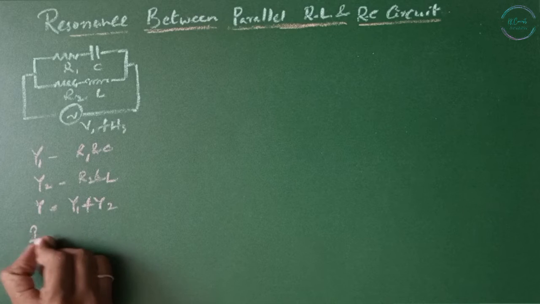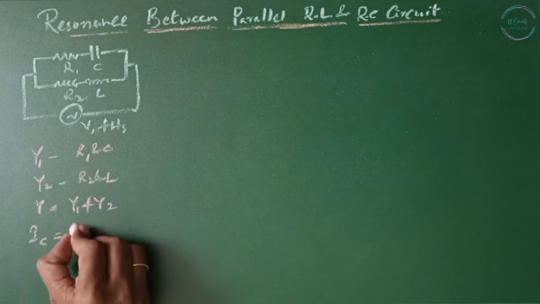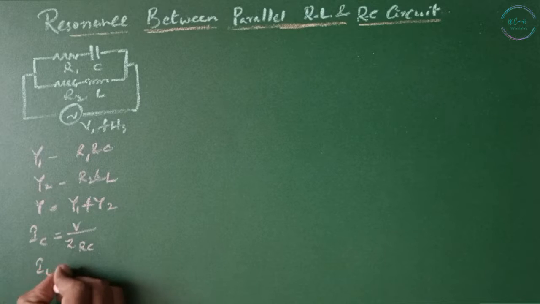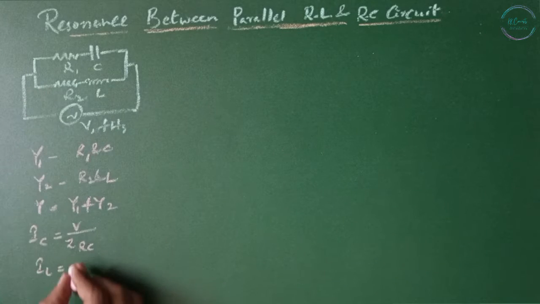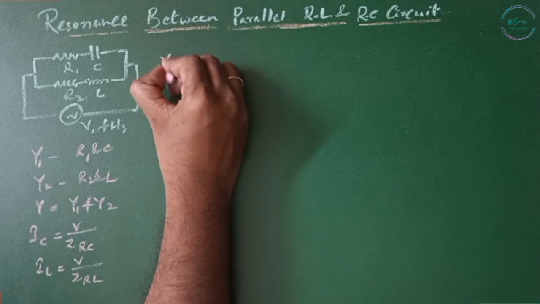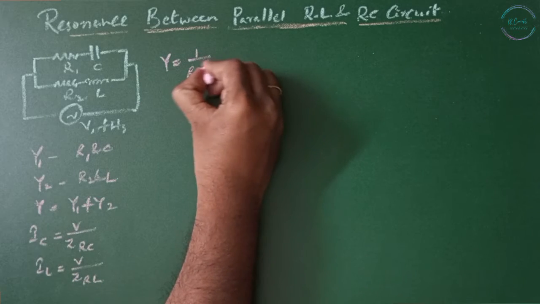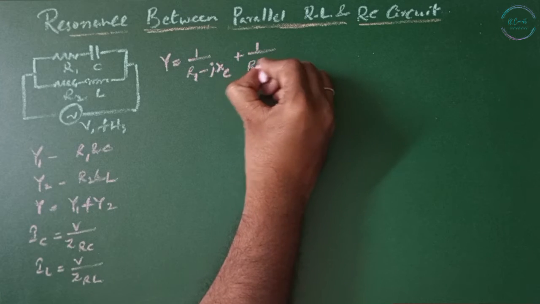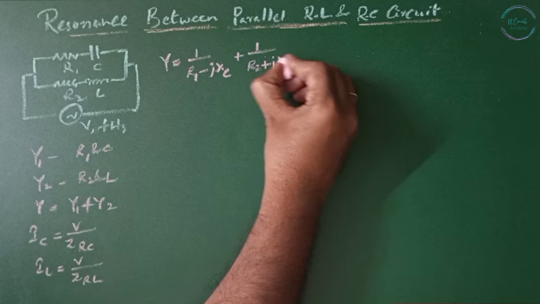The current flowing through the capacitor, IC, is given by V by Z RC, and IL is the current flowing through the RL branch, that is V by Z of RL. Then Y equals 1 by R1 minus J XC plus 1 by R2 plus J XL.